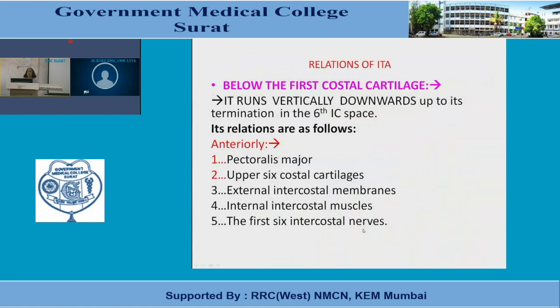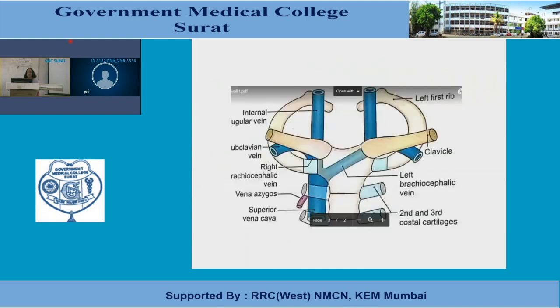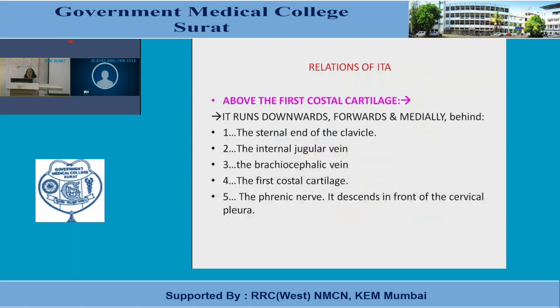So what are the relations of the internal thoracic artery? Below the first costal cartilage, the pectoralis major. Now this is about below; what we have done previously is above the first costal cartilage. Now as per the discussion, the scalenus anterior muscle divides the subclavian artery into 3 parts. Now what is the criterion to identify the scalenus anterior muscle? Which nerve?